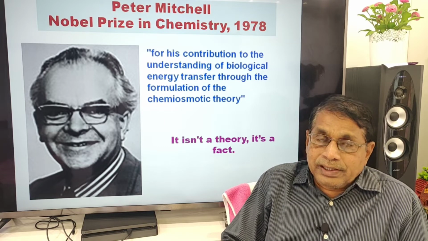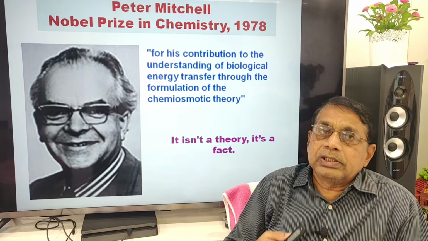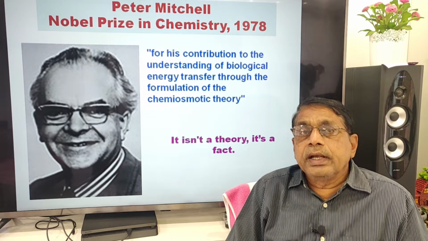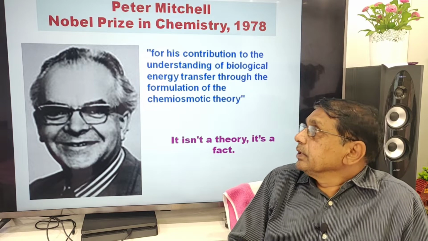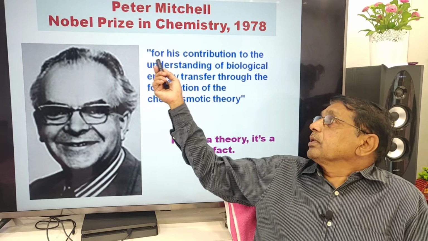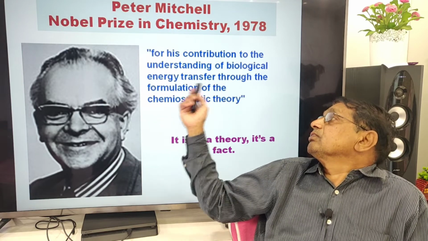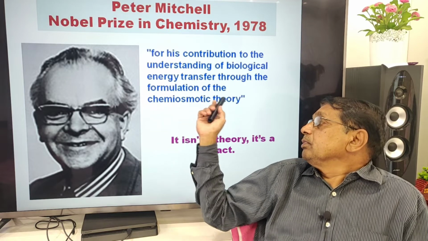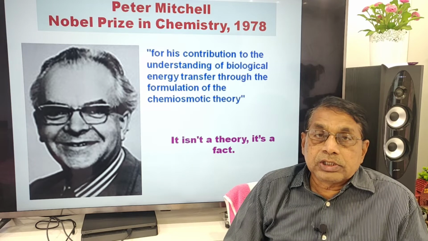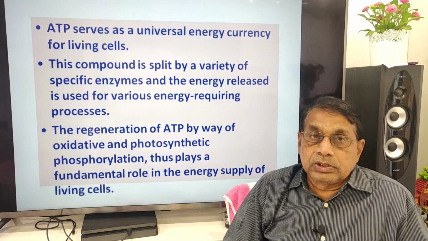He did not explain actually how the ATPs are synthesized, but he said that the membrane becomes energized because of the electrochemical gradient. The Nobel Prize was for the contribution to the understanding of biological energy transfer through the formation of chemiosmotic theory. It is not speculation, it is not imagination, but a fact.